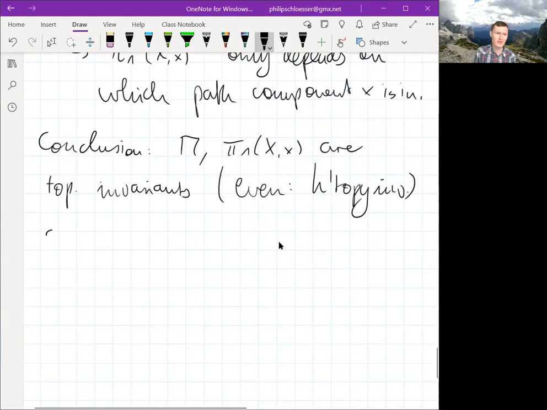I guess first I have here a couple of examples that shouldn't really be much of a surprise to anyone. So convex sets or convex spaces.